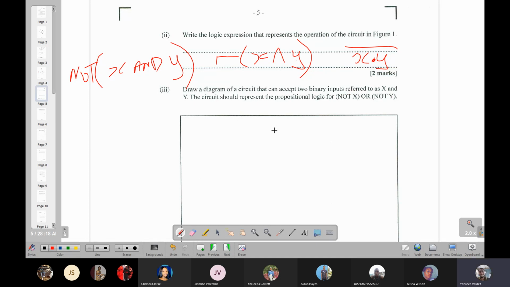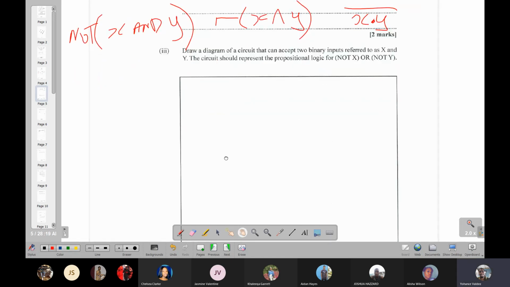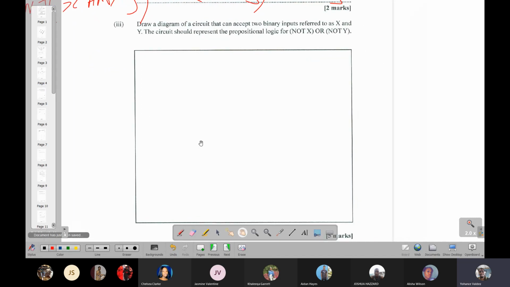Okay. Draw a diagram of a circuit that can accept two binary inputs referred to as X and Y. The circuit should represent the propositional logic for NOT X OR NOT Y. Most people did pretty decently on this, because I have corrected questions 1 and 2 so far.